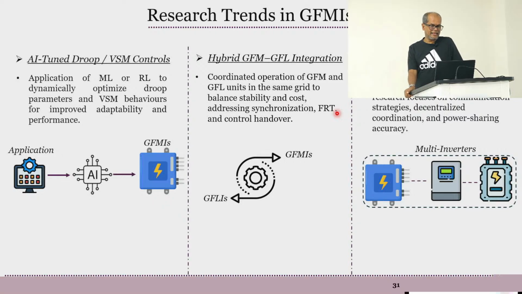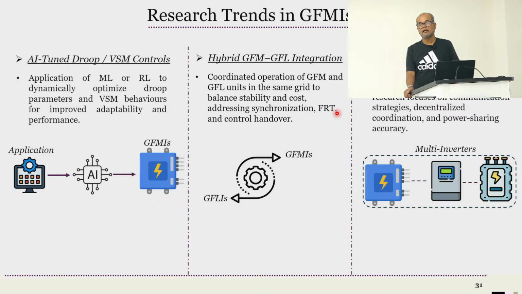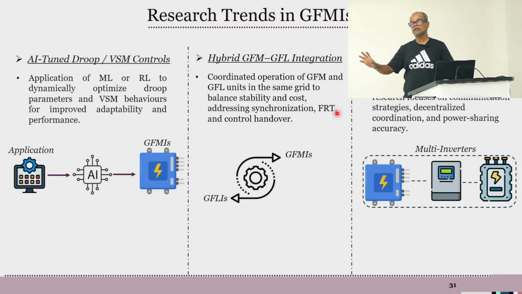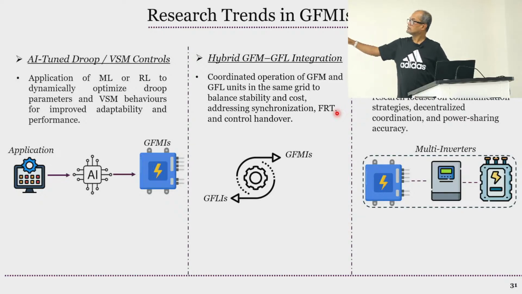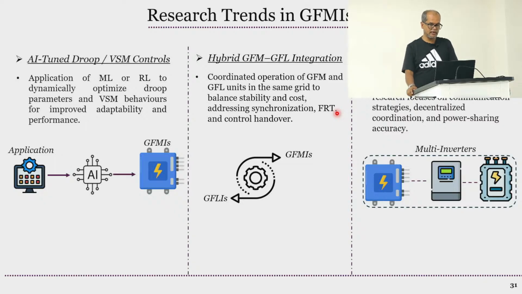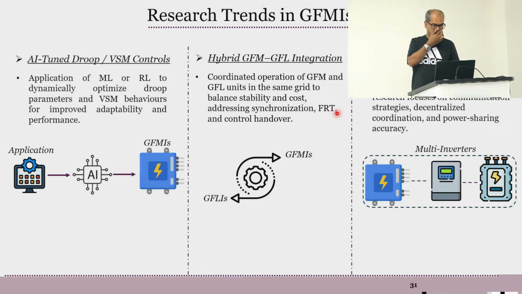So again, this is a very hot topic, not only in Australia; I know many countries now have a lot of work going on. In Australia, you will find the power industry's main focus is how we can improve the performance that we are getting from grid forming inverters.